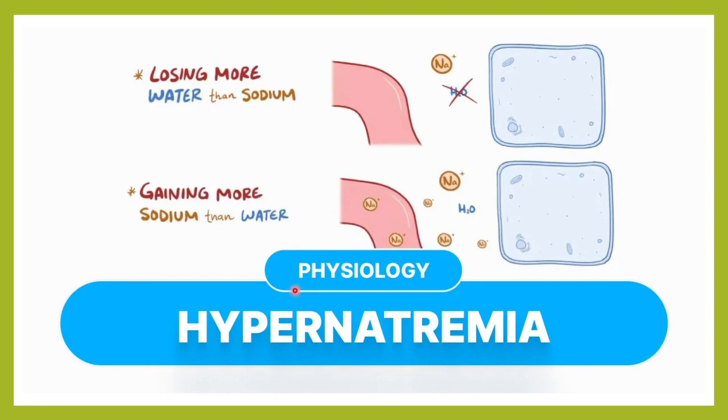So it is mainly that either you are losing more water than sodium, in which case the sodium concentration will obviously increase, or you are gaining more sodium compared to water, then also there will be increased sodium.